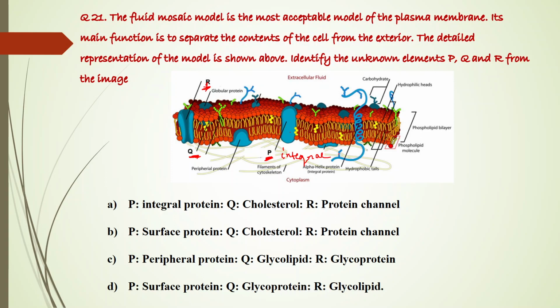We can already tell. Now let us look at Q. This is Q, small yellow molecules. What are these? We already know that these are nothing but cholesterols. They exist in between the fatty acid chains of the phospholipids because you need some fluidity.